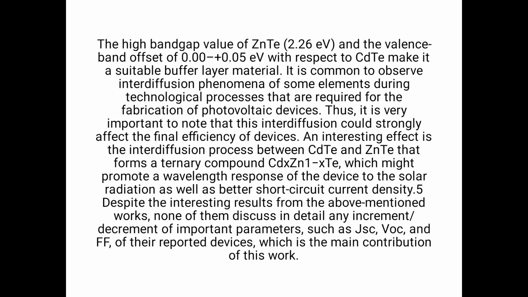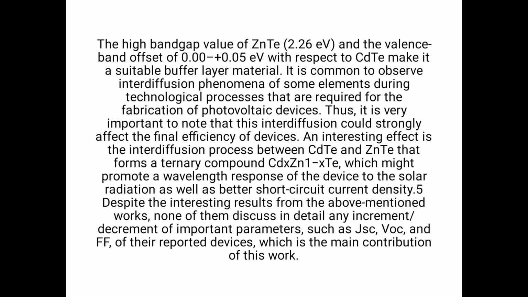The high band gap value of ZnTe is 2.26 eV and the valence band offset of 0.00 plus or minus 0.05 eV with respect to CdTe make it a suitable buffer layer material.